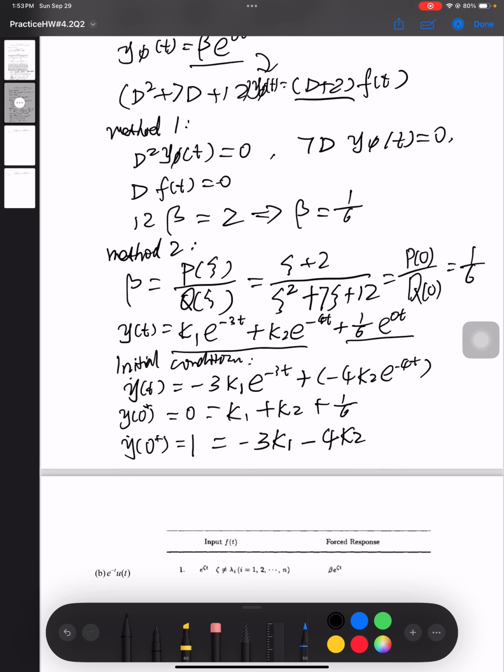And then we just calculate these two equations. We can get the final answer: k1 equals 1/3 and k2 equals minus 1/2. So y(t) equals 1/3 e^(-3t) minus 1/2 e^(-4t) plus 1/6, for t larger than 0.